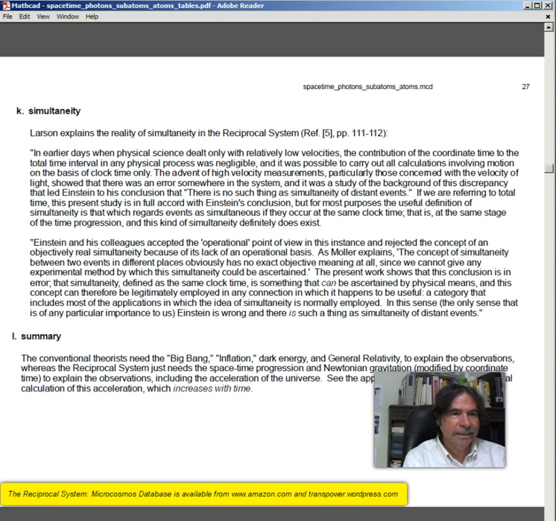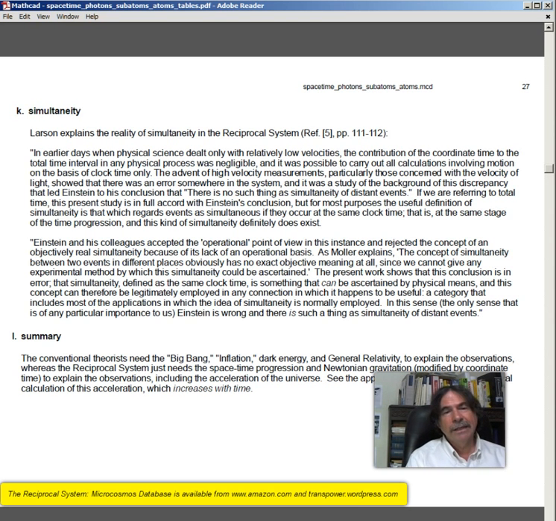Okay, simultaneity. Larson explains the reality of simultaneity in the reciprocal system, reference 5, pages 111 to 112. Quote, in earlier days when physical science dealt only with relatively low velocities, the contribution of the coordinate time to the total time interval in any physical process was negligible, and it was possible to carry out all calculations involving motion on the basis of clock time only.